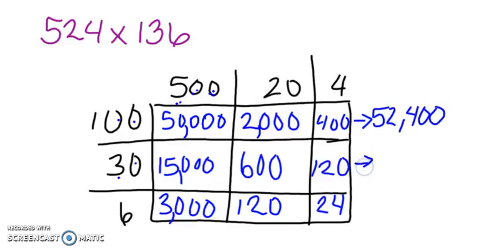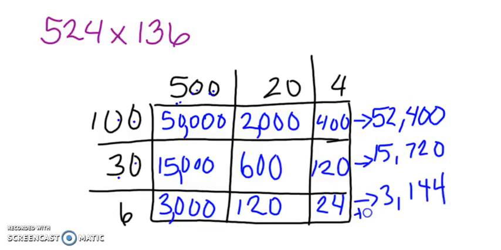I can quickly see here that I have 15,720. And in my last row, I can quickly see that I have 3,144.